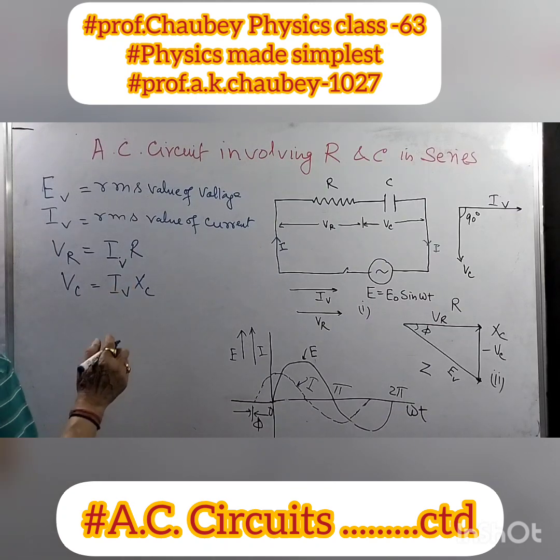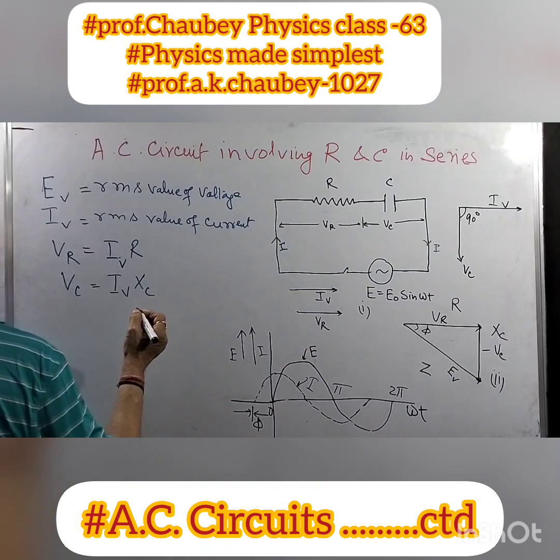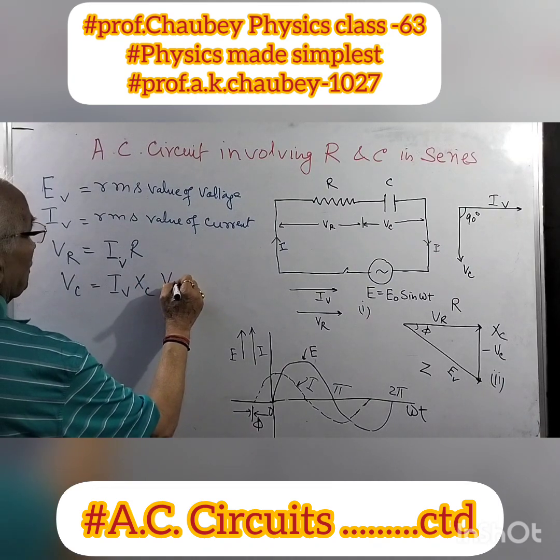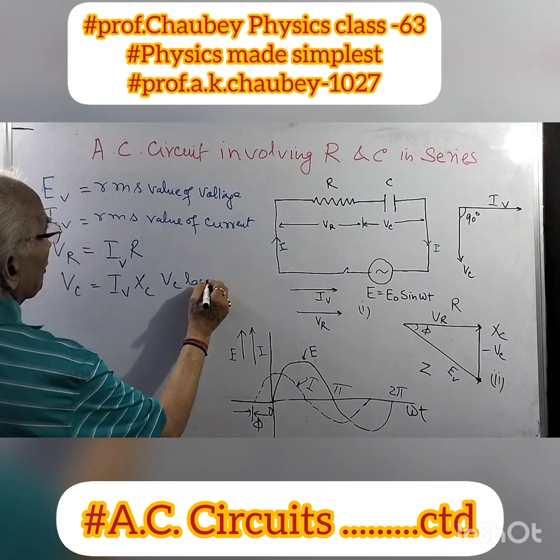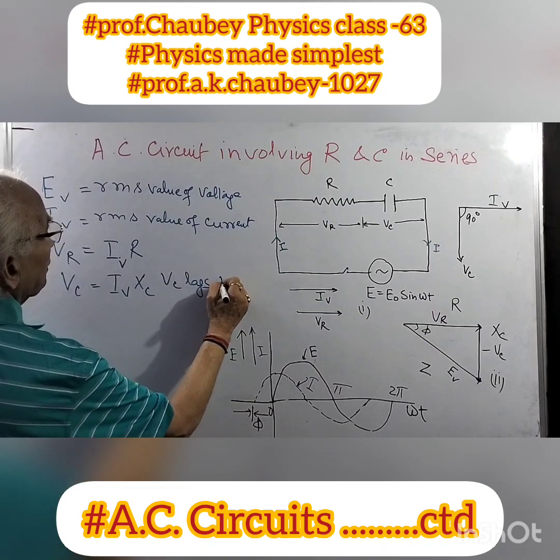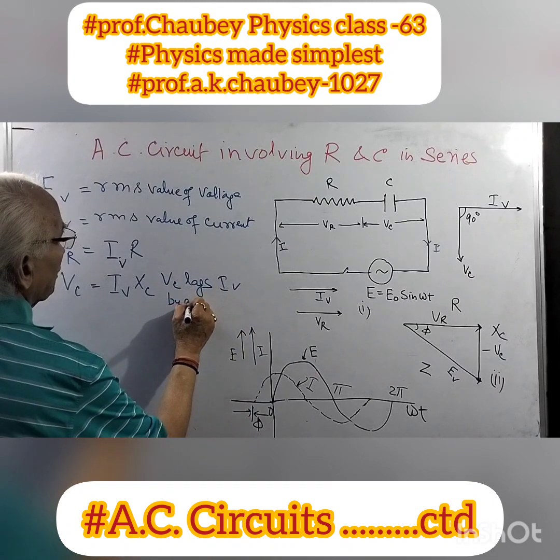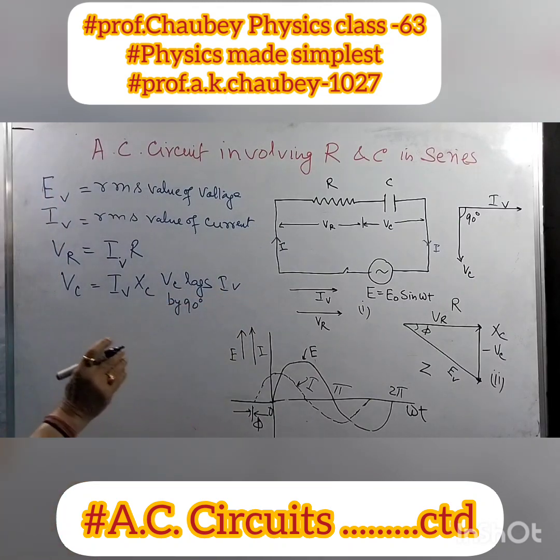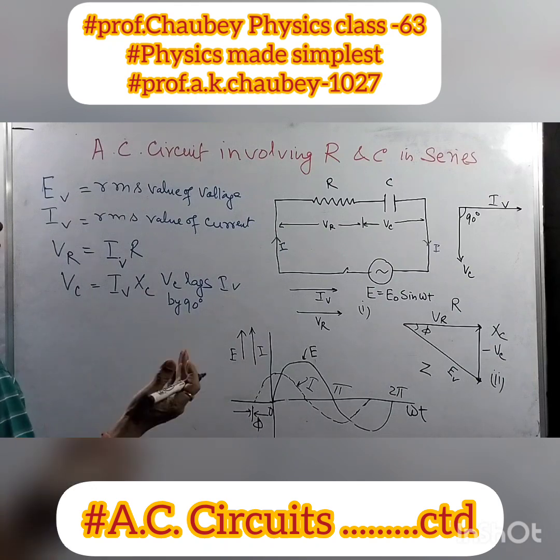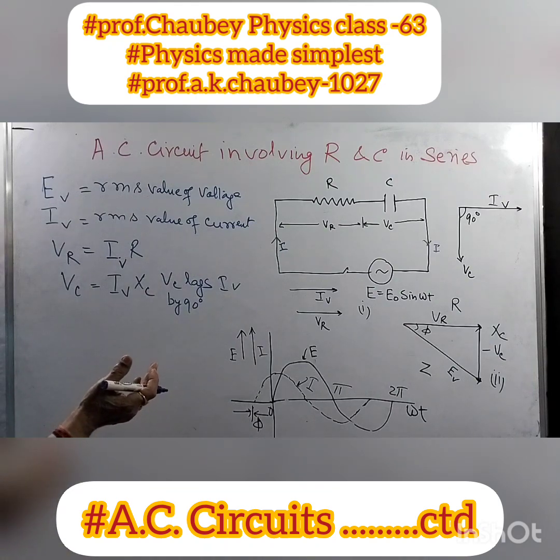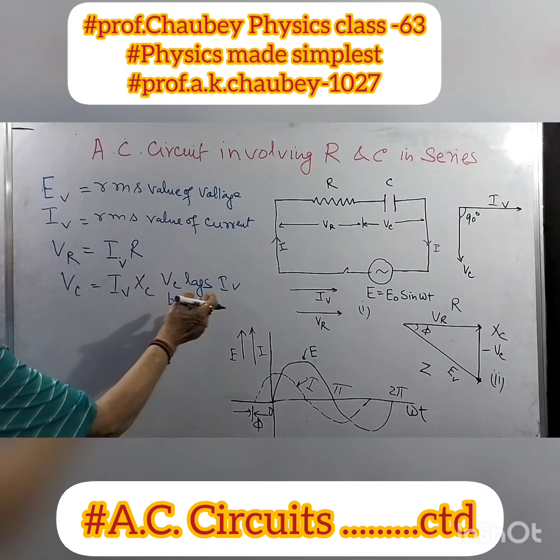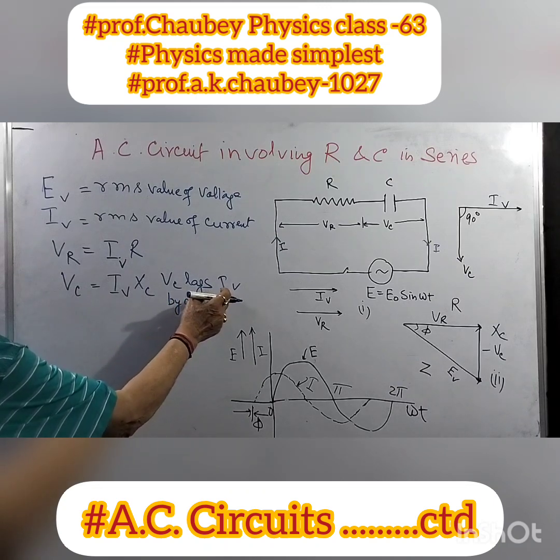VC lags IV by 90 degrees, we know, pi by 2. That is, the current is ahead. In the capacitor, VC, the potential, is behind IV.